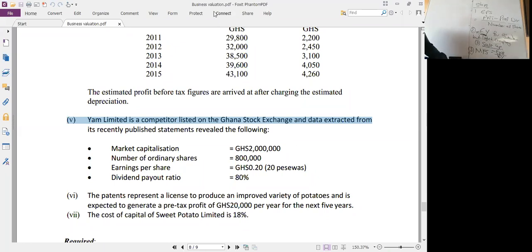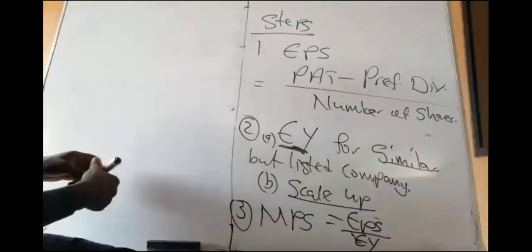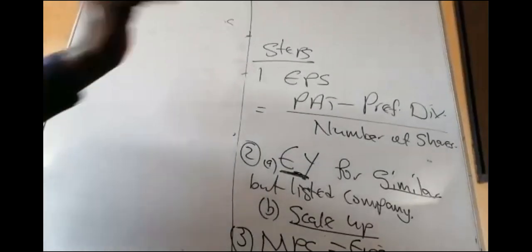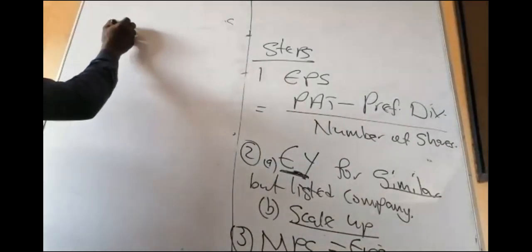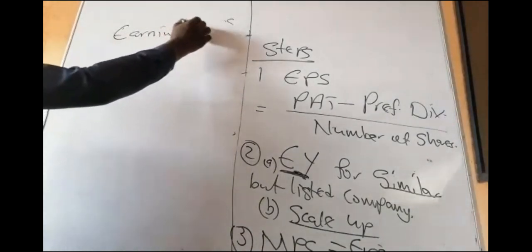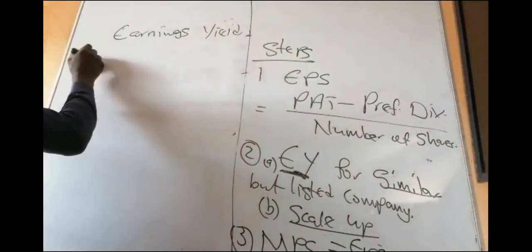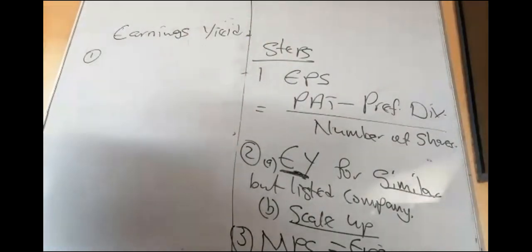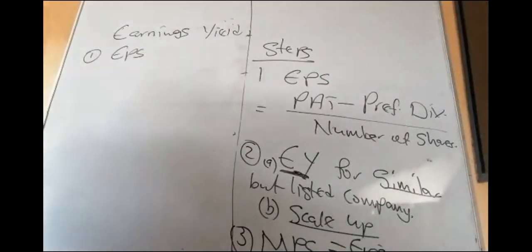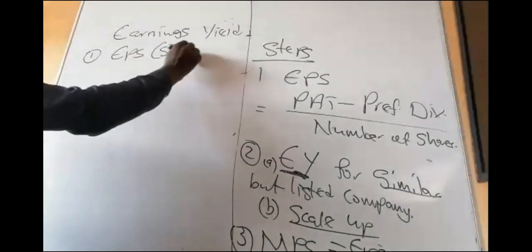So let's start with the steps. You follow the steps. We are finding the market price per share using the earnings yield method. So step one, find the earnings per share for Sweet Potato, the company in question, not the competitor.